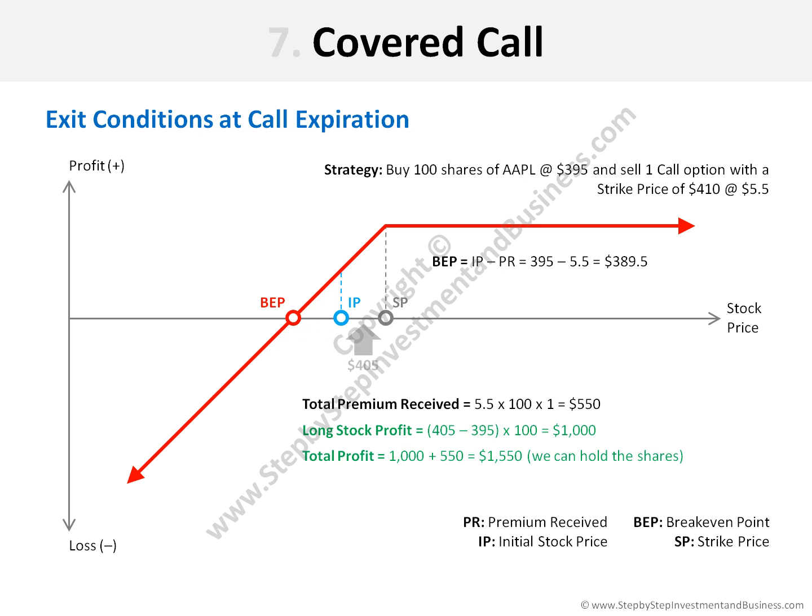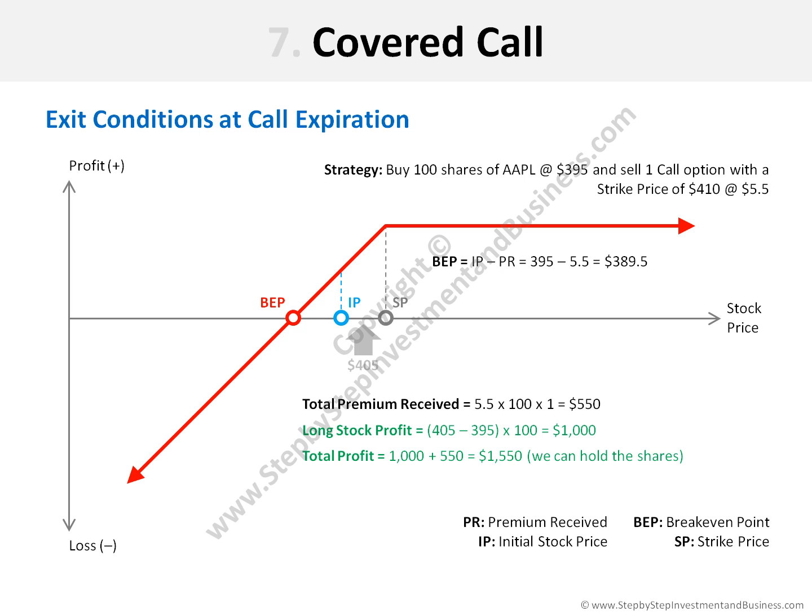If at call expiration the stock price is between the initial price and the strike price of the option, for example, $405, in that case, we will have the following. The premium received is always $550.